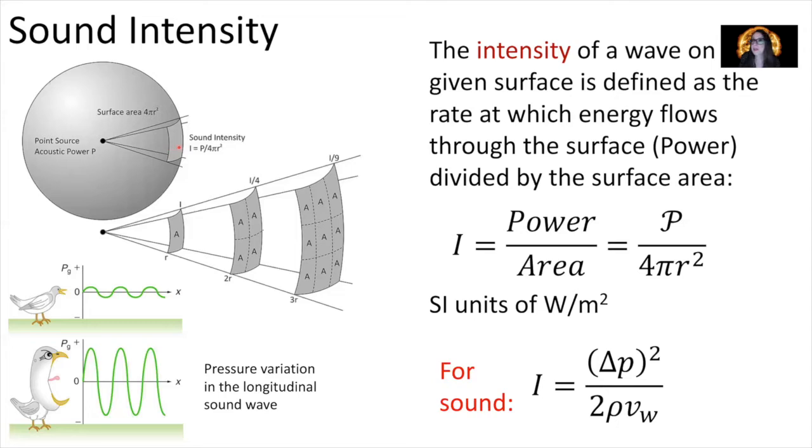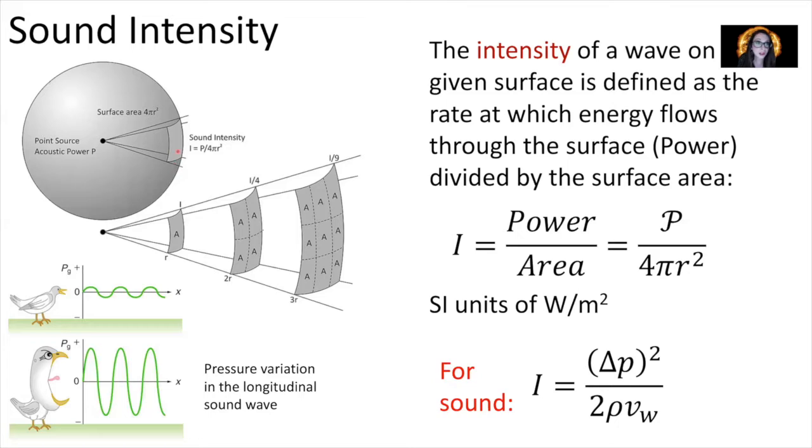The intensity is the power, the rate at which energy flows. That power of the source is always constant no matter how far you are away from the source. Then you divide that power by the surface area through which that energy must flow, and that surface area is going to change the further out you get away from the source.